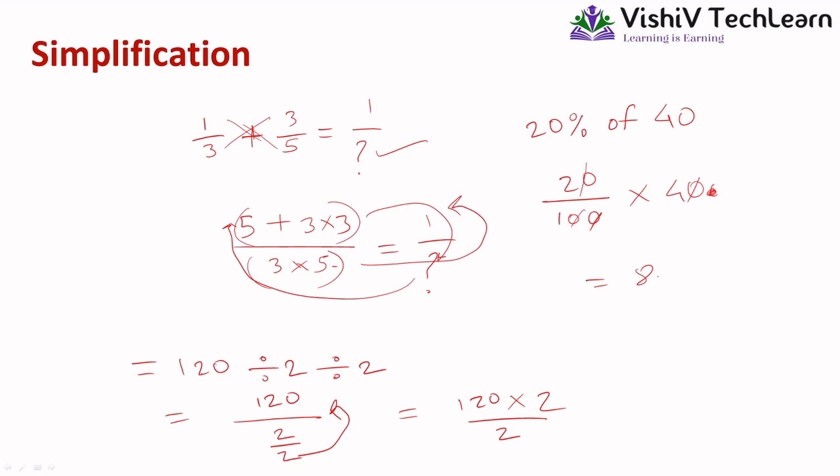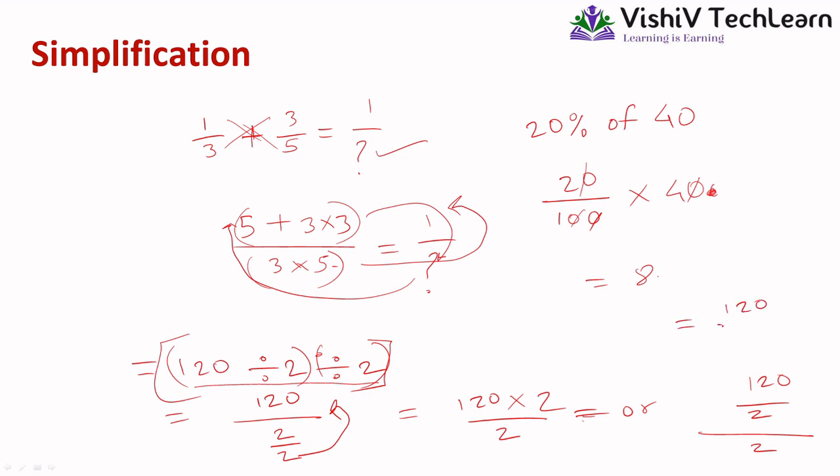Or when we are talking about this 120 divided by 2, we can have the answer of this and then it is divided by 2 to the figure, correct? So in that case it will be this, or it can be 120 upon 2 and this entire term is divided by 2. So this 2 actually goes down, and in that case it will be 120 upon 2 into 2, correct?